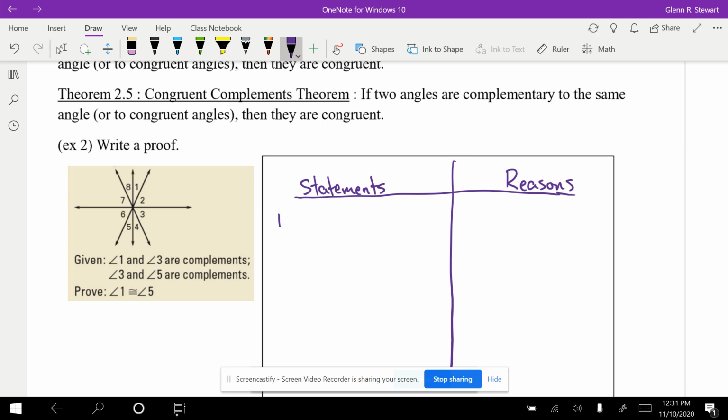And then the first one here, let's write our given. Angle 1 and angle 3 are complements. Angle 3 and angle 5 are complements.